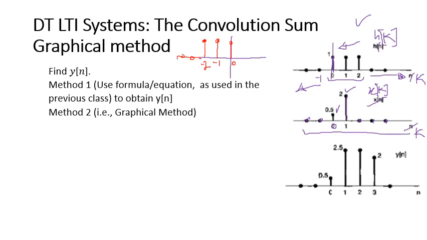Similarly, if I put a mirror here and look in this direction, all these values are 0, so I will get something like this. And remember that this is your variable, which is k now. So this is what you obtain, that is h of minus k, right?